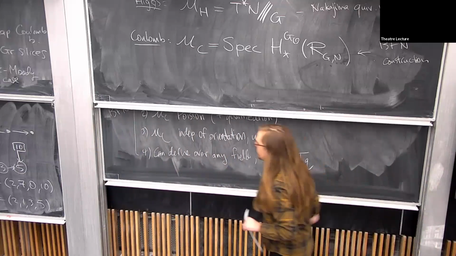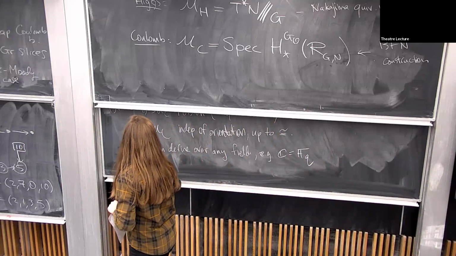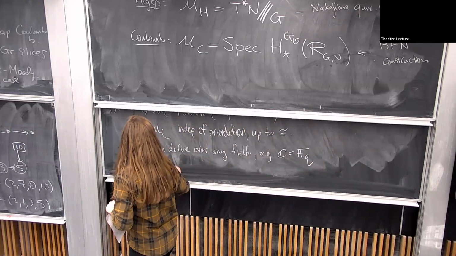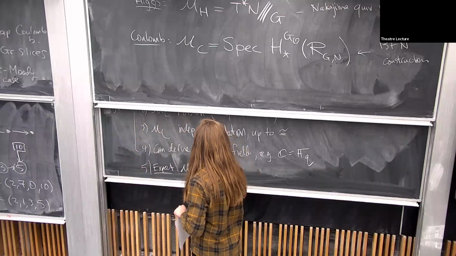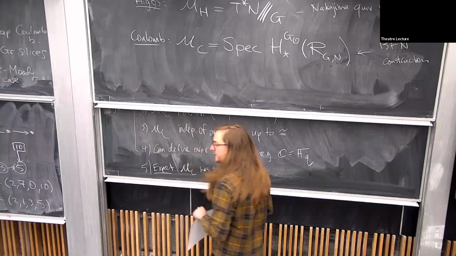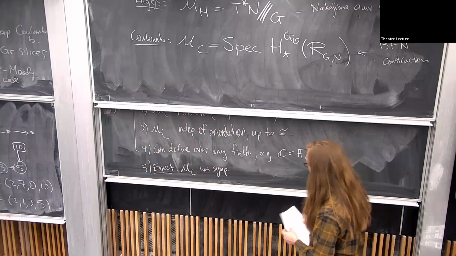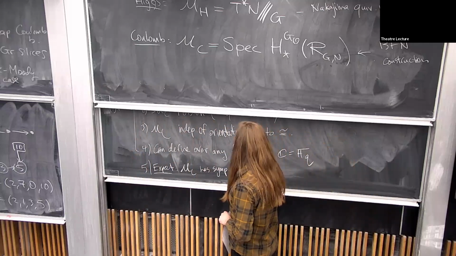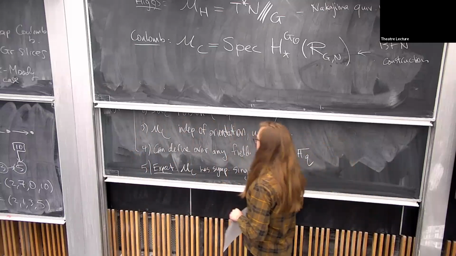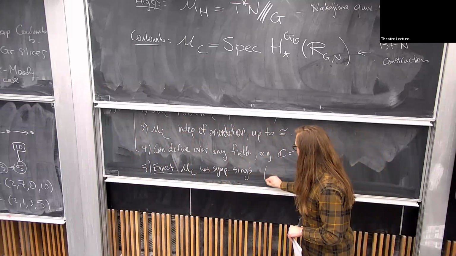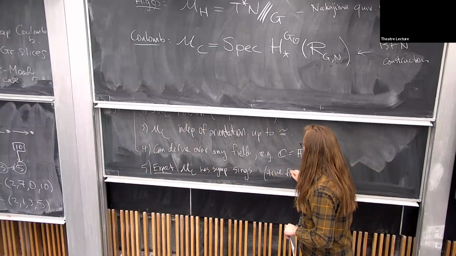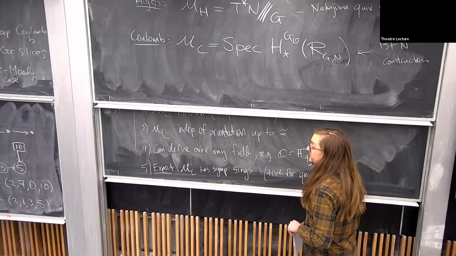Maybe I'll just mention one more, which is that you expect that this MC always has symplectic singularities. For example, as was discussed a little in last talk. And to maybe list some modest contribution of my own, this is true for quivers with no loops and no multiple edges.